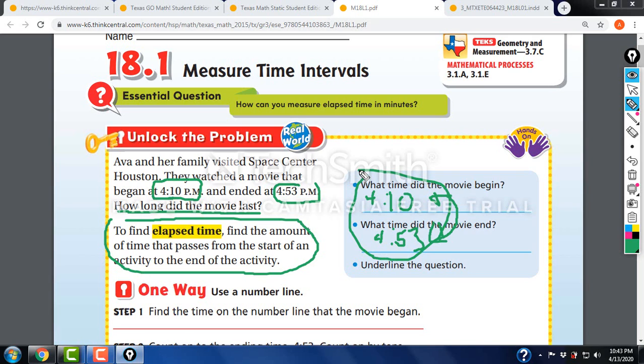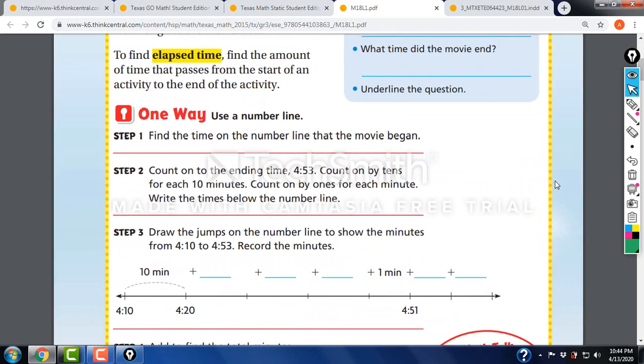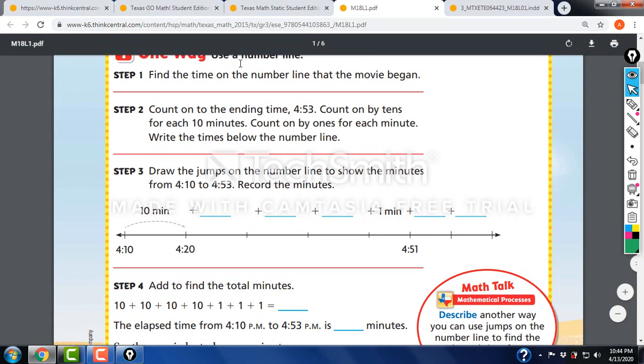We're going to start with the number line, then we're going to look at an analog clock, and then a subtraction equation. So let's look at the first model, the number line. Again, you can work this out on your own and then check to see how you did, and we're just going to do it step by step.